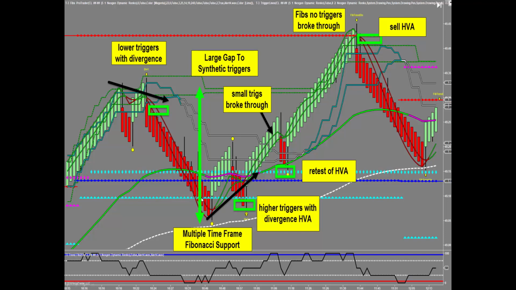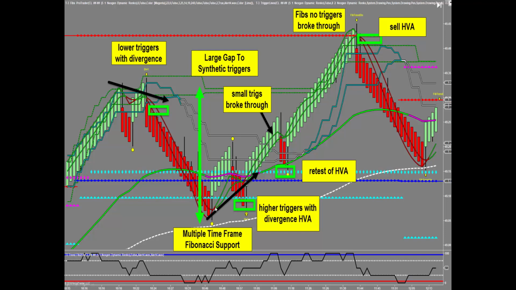Yes, we anticipate the market's going to go up because look at this large gap and this green arrow that we have to our synthetic triggers. Remember we said if the small triggers are rolling up strong, we have more chance of a long trade. This is where we start looking at our Fibonacci support during this pullback as the small triggers are higher.